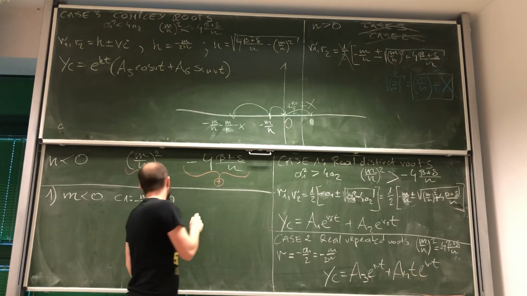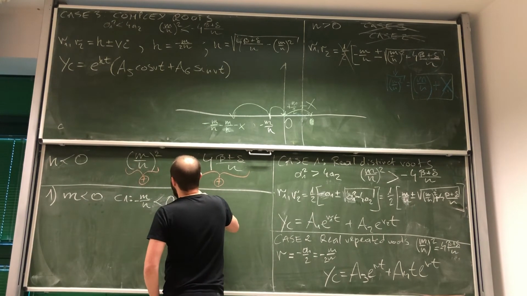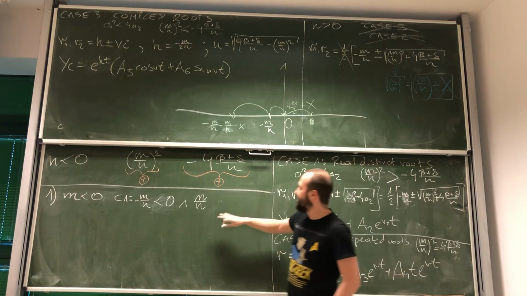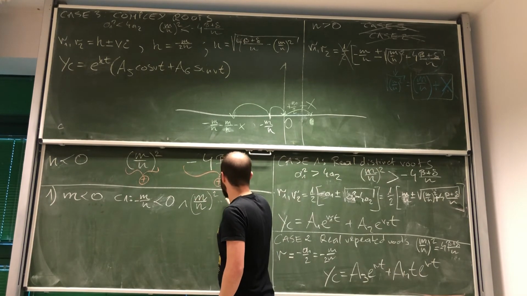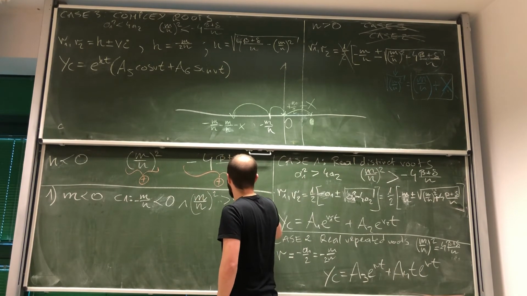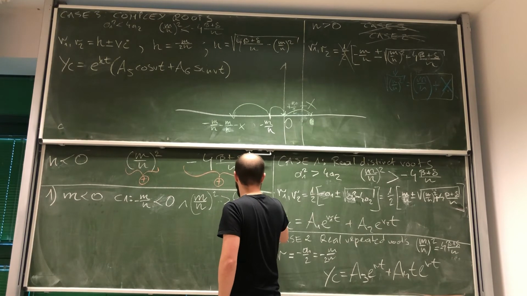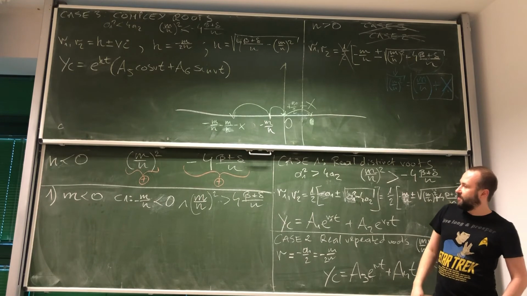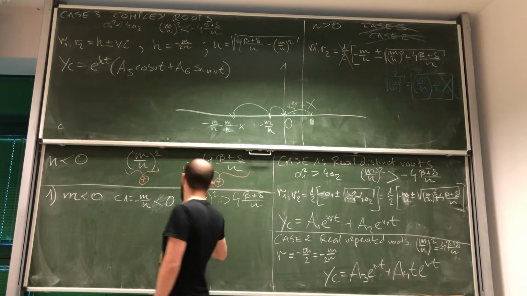However, we get that m over n, of course in this case, squared, is bigger than 4 beta plus delta over n. Right? So, what does it tell us?